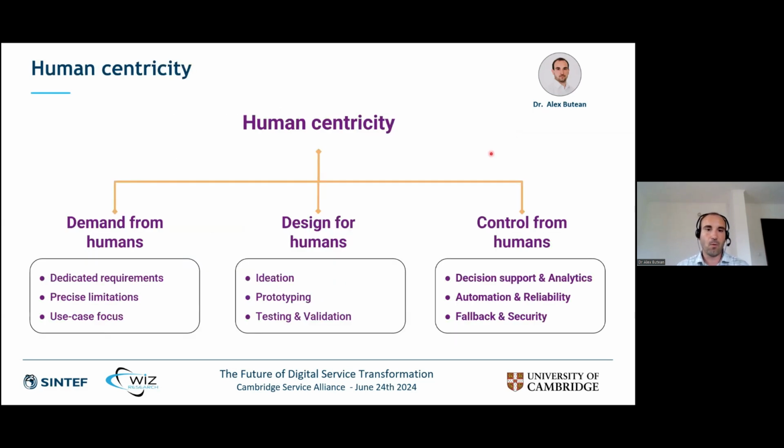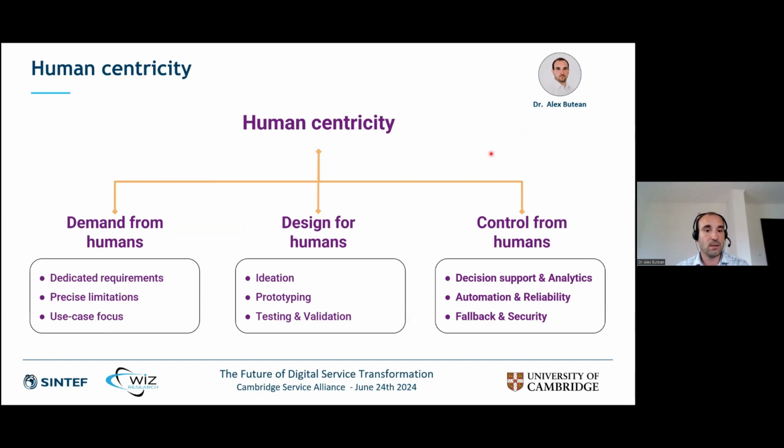Okay, now back to human centricity, and the core thing of our discussion: what are the components of human centricity? When somebody talks about human centricity, what do they mean for manufacturing regarding the digital service transformation?